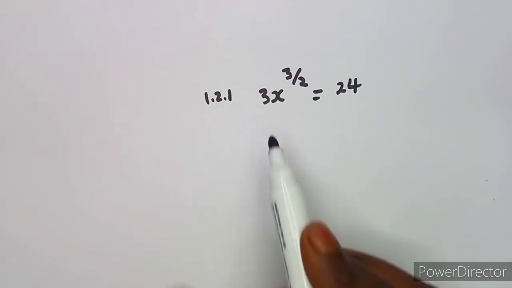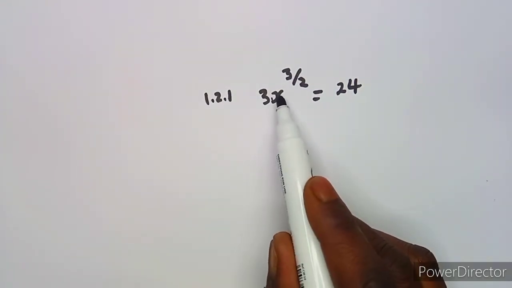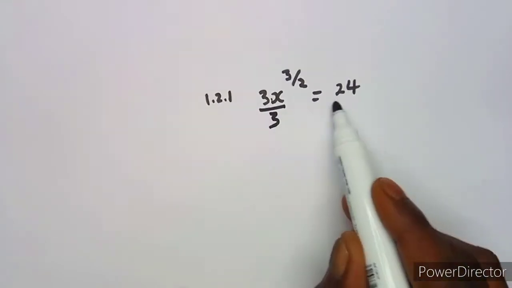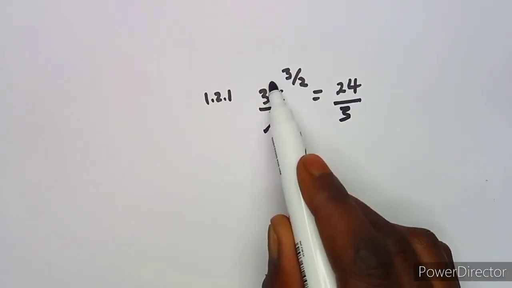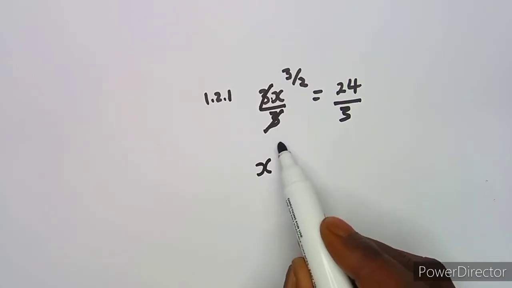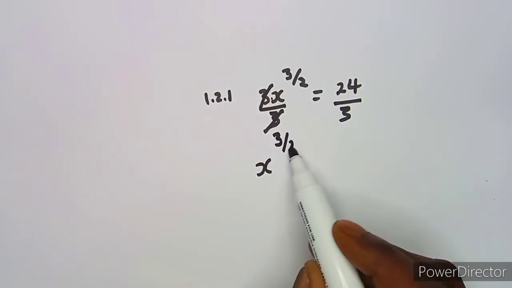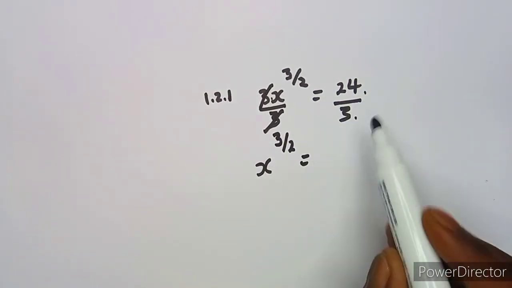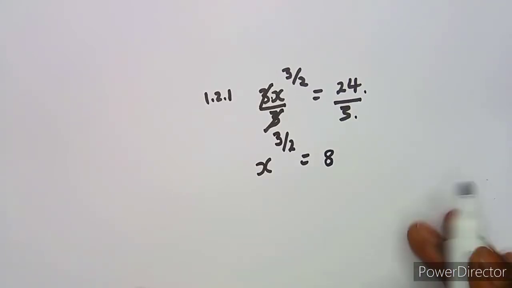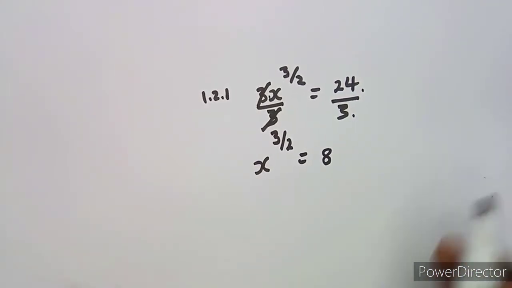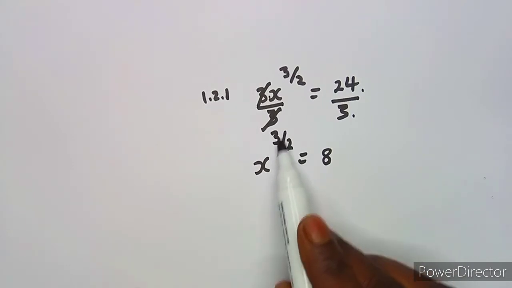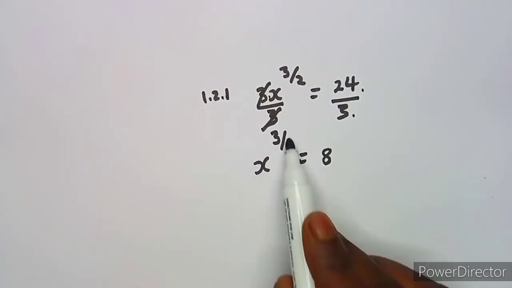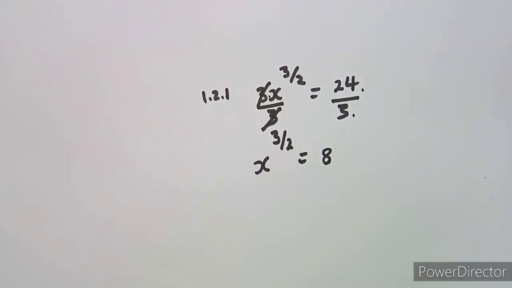If we cross-check, this 3 is multiplying and it has nothing to do with this x, so we can just divide by it so that we have x to the exponent of 3 over 2, which is equal to 24 divided by 3, which is 8. Remember how you remove an exponent: because the x is the base, you need to remove the exponent 3 over 2.